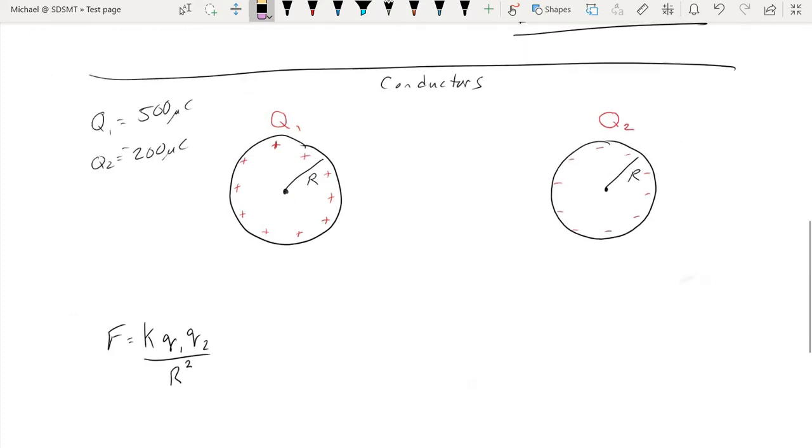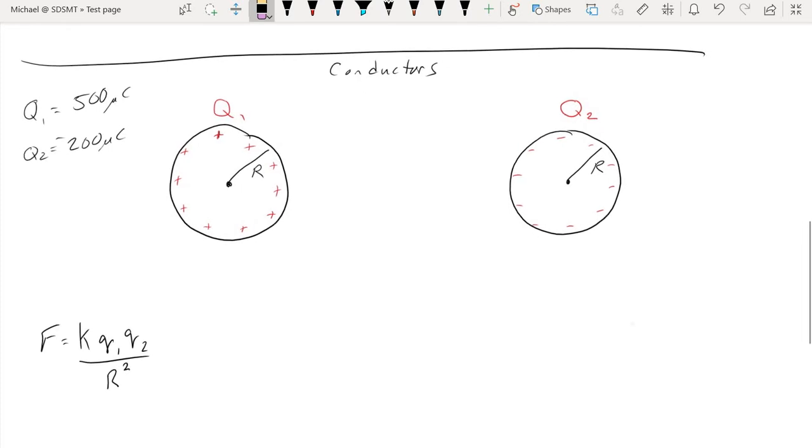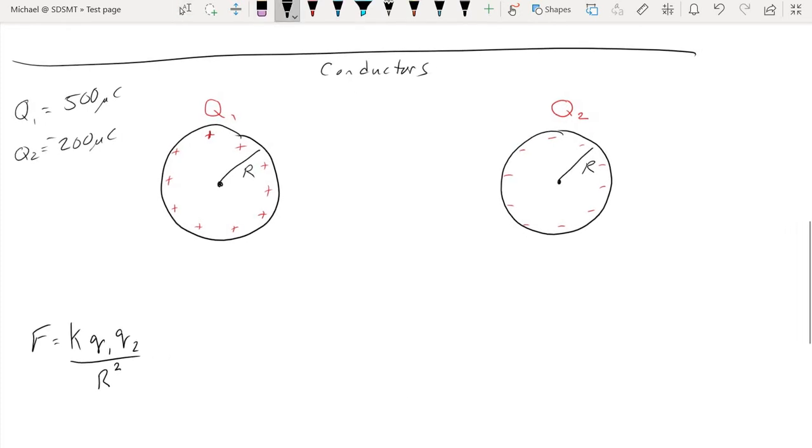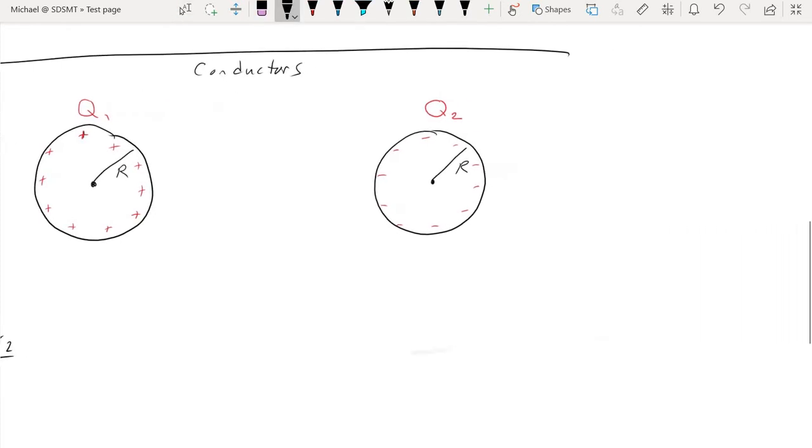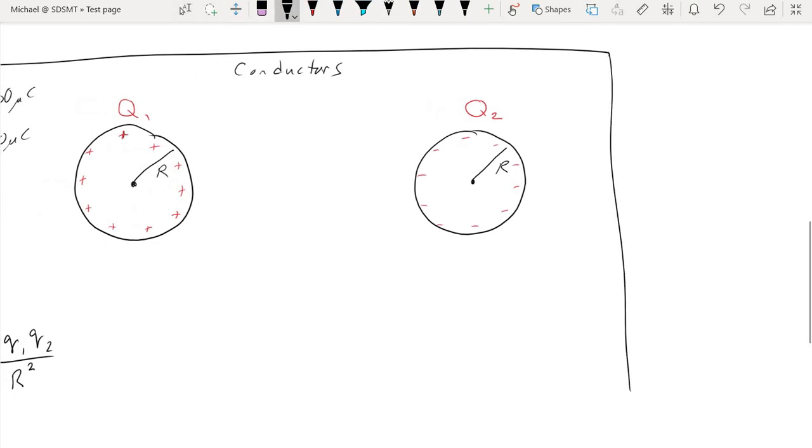And the way that we're going to do this, we're actually going to piggyback off of an idea that we had back in Physics 1 that we called center of mass. So the idea of center of mass was that we took a mass of some uniform density.